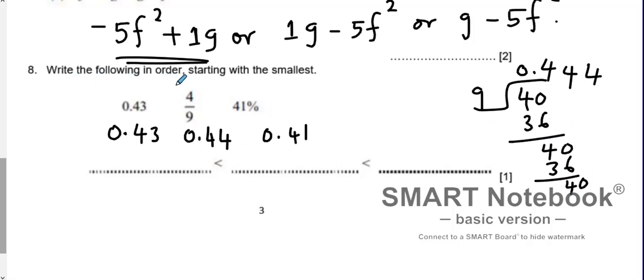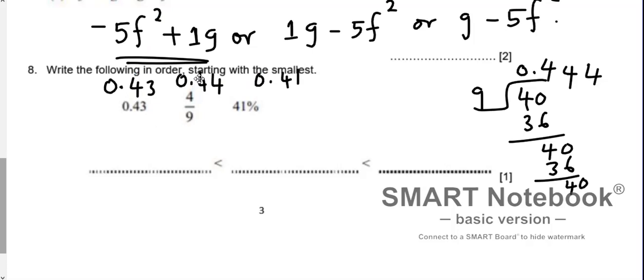Now write the following in order, starting with the smallest. Okay, now I have to arrange these starting with the smallest. What is the smallest of all? I have 0.43, I have 0.44, I have 0.41. 0.41 is the smallest, so I'm going to put here 41%.